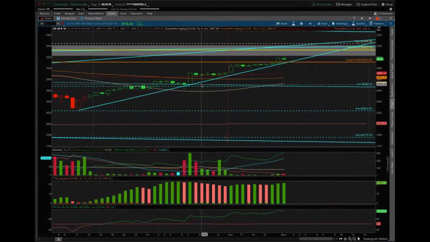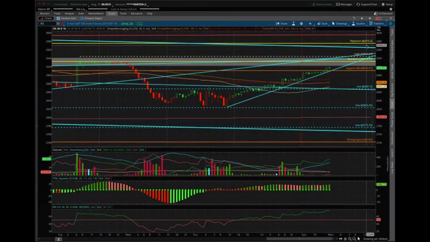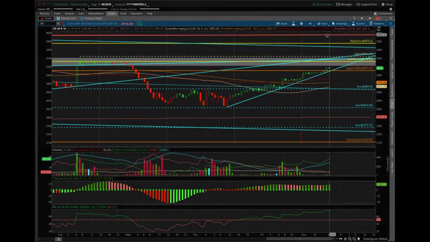Okay, so it looks like we're going to be pushing up towards that 29.3250, and if we could get above that, then 29.4425 will be tested, and if we get above that 29.4425, then we'll be going towards that 29.75 and 3,000 area. Once we get above that, that's where we'll be going.